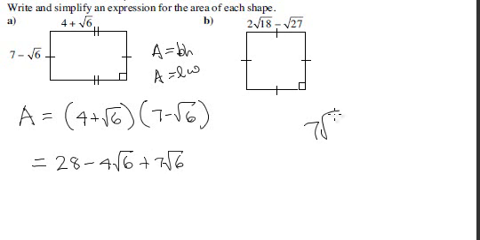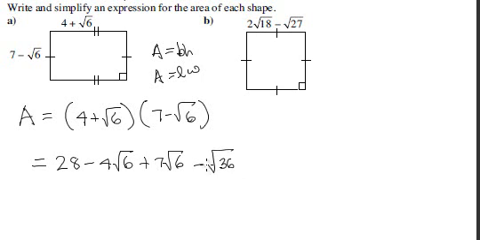You always go 7 root 6 and you do not go root 6 times 7, because if you make a small mistake writing this, it can very quickly look like root 67, and that can cause all kinds of headaches. So please be uniform with the rest of us and keep your coefficients out front. It's for the best. And finally, root 6 times negative root 6 makes negative root 36.